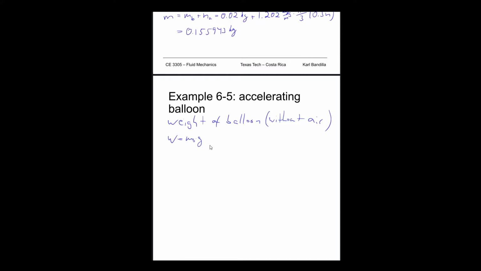I guess put a B in there. So that would be 0.02 kilograms times 9.81 meters per second squared. And that gives me 0.1962 Newton. Okay, now I have the weight and I have the mass.